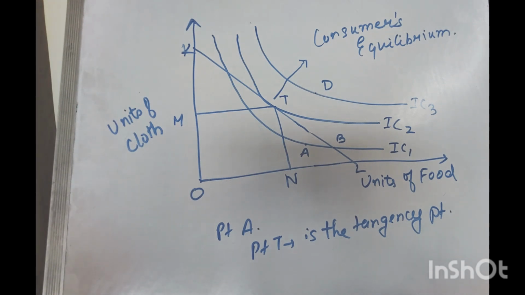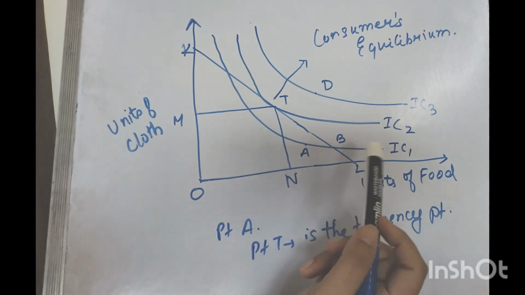It is affordable. It is neither outside nor inside the budget line, but on the budget line, and this point is on the higher indifference curve.